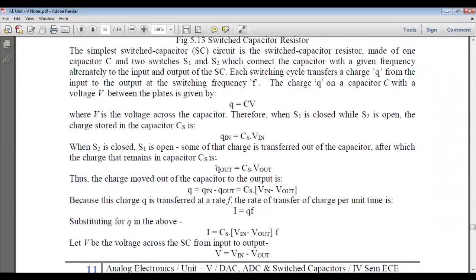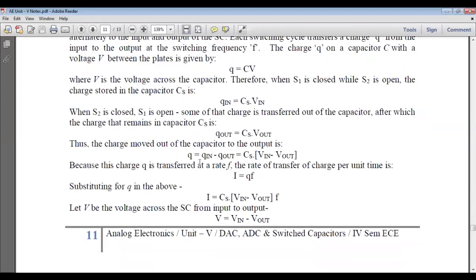Now the balance charge stored in the capacitor when S2 is closed and S1 is open is given by Q output equal to CS into V output. Now the charge moved out of the capacitor to the output is given by Q equal to total charge applied minus the balance charge, which gives CS into V input minus V output.